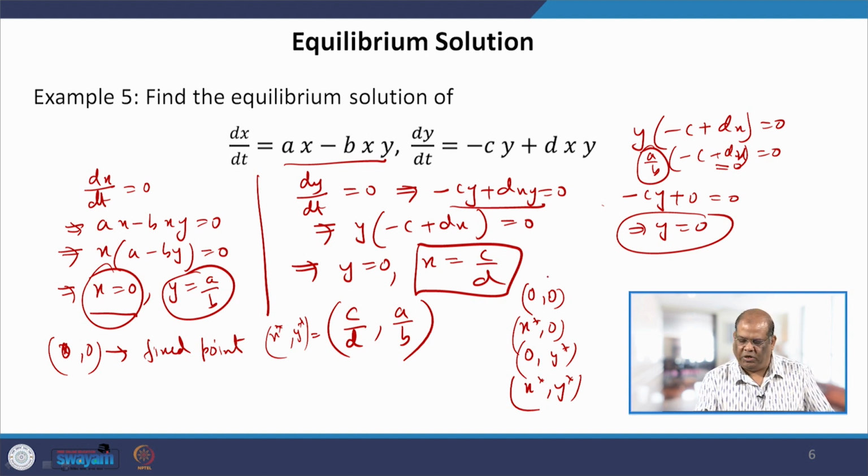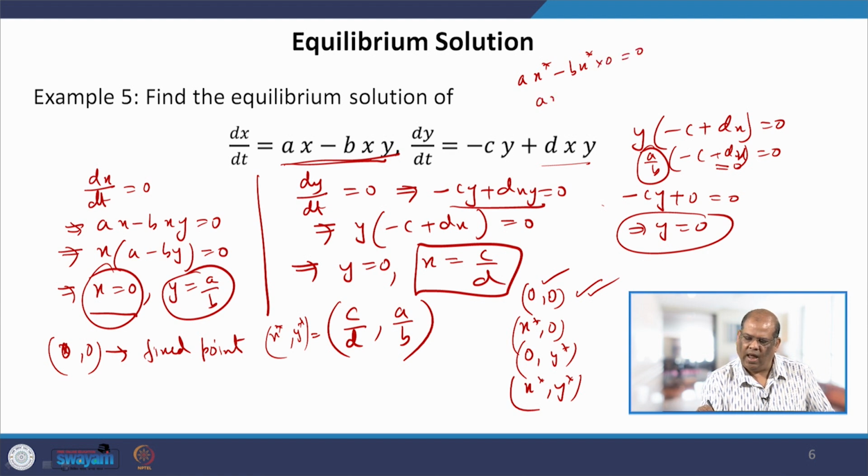So, another way to check is that you just put this value here and see whether it is satisfying or not. So, if I put this value here, 0 0, this satisfies. So, clearly this is a steady state solution. Now, I put x star 0. So, if I put x star 0 here, what will I get? A x star minus b x star into 0 equal to 0.